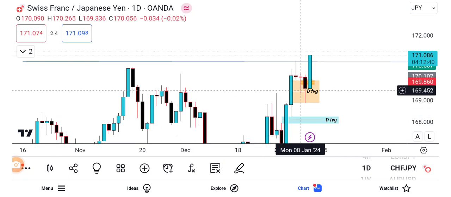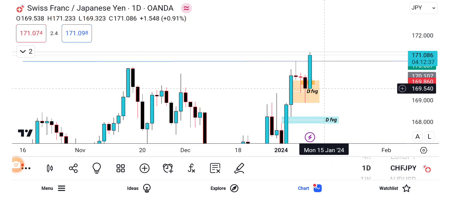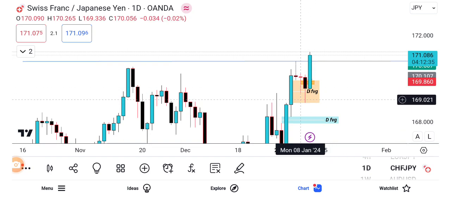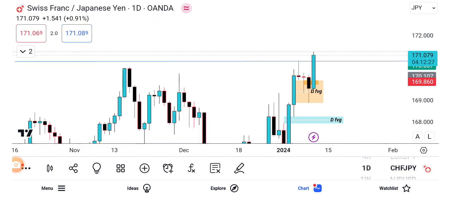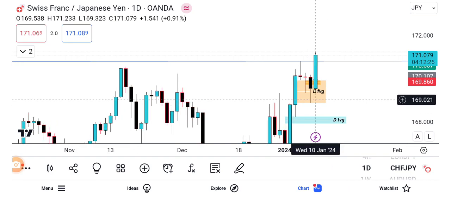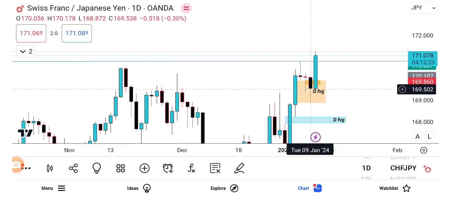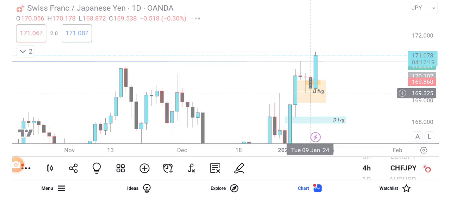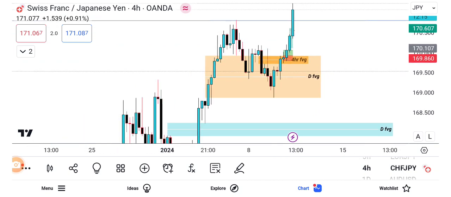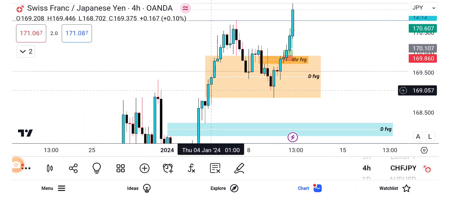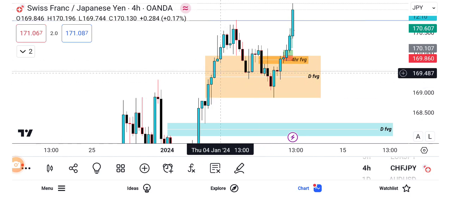We have that fair value gap, and I was seeing the candles respecting the mean threshold, the consequent encroachment, or the midpoint of this daily inversion fair value gap, but the wicks did its full rebalance. So this is how yesterday did play out, rallied higher and closed above this daily fair value gap, which to me was concerning. So moving to the lower time frames, or the daily time frame, we can see how yesterday did play out.